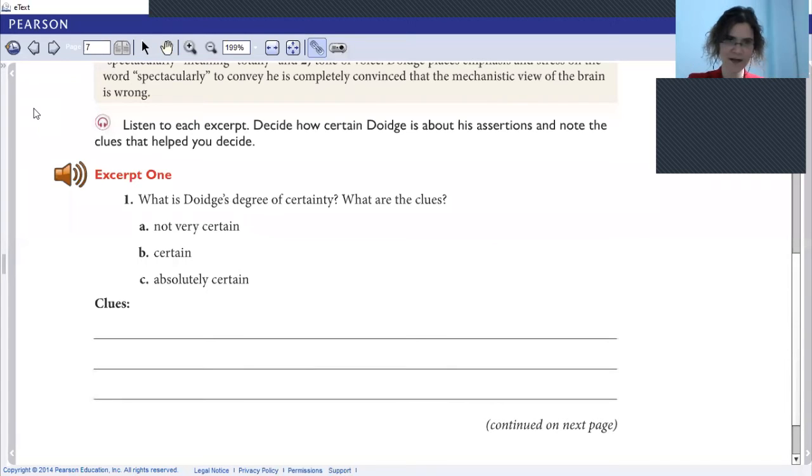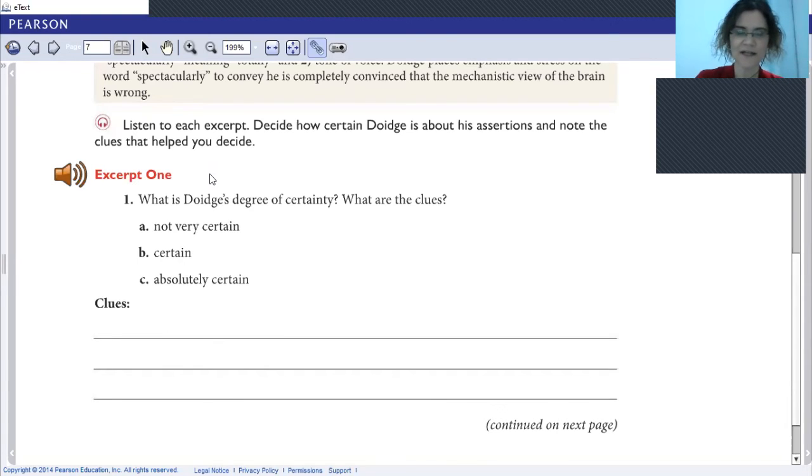What is Deutsch's degree of certainty? Is that A, B, or C? I think he is C. Yeah, correct.